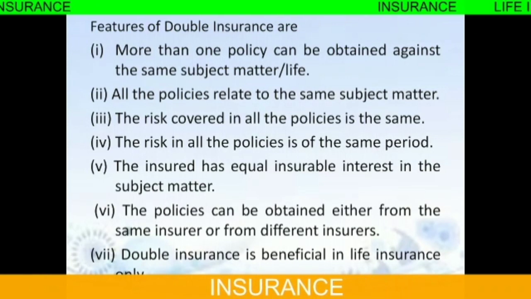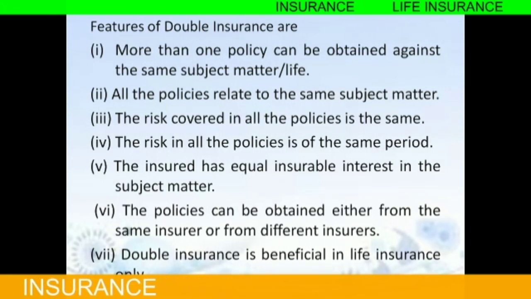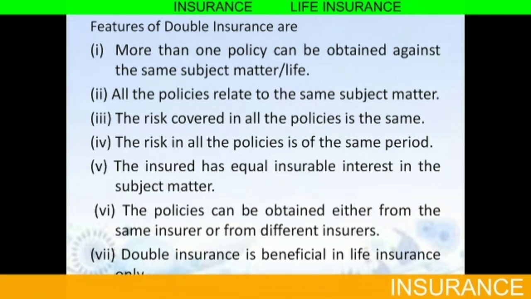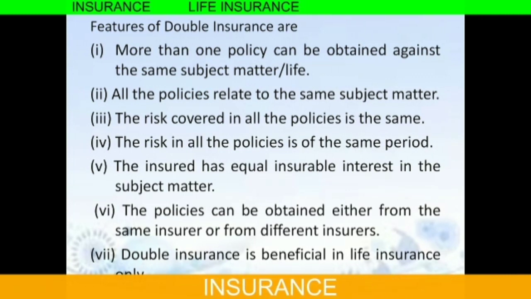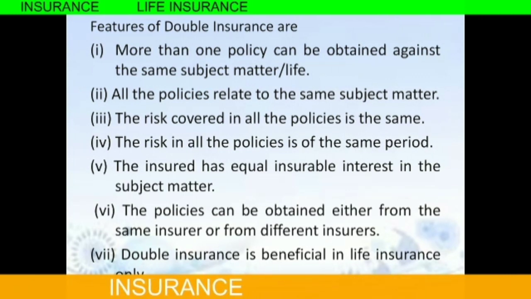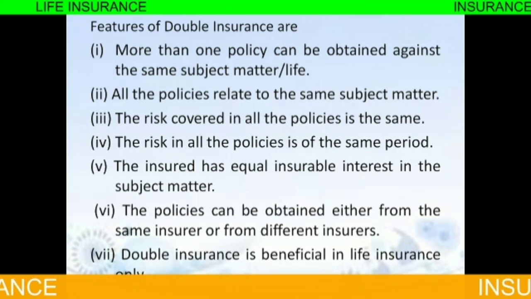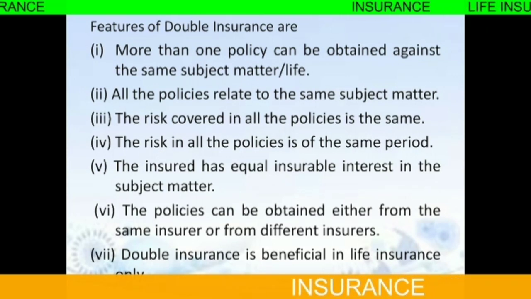Some of the features of double insurance are: more than one policy can be obtained against the same subject matter or the life. All the policies are related to the same subject matter. The risk covered in all the policies is the same. The risk in the policies is of the same period.